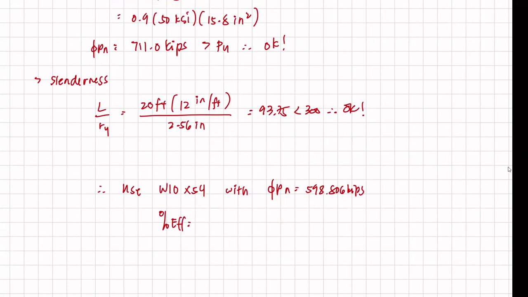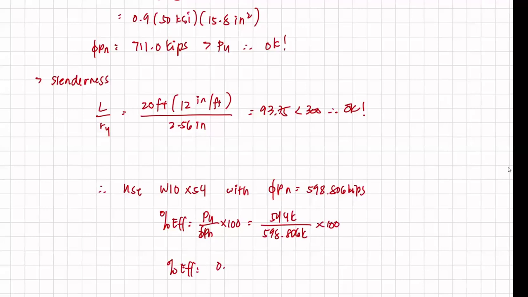So comparing PU over PN times 100. So 544 kips over 598.806 kips times 100. Efficiency natin is 90.85.